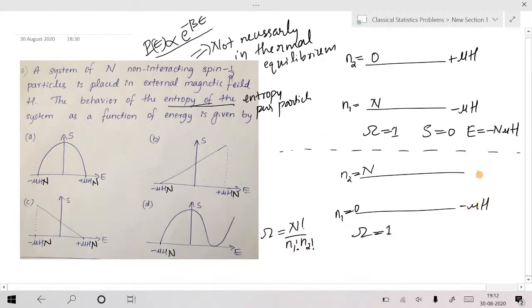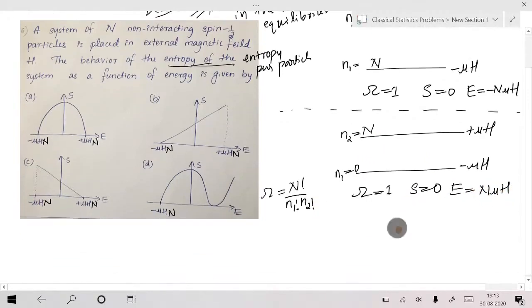Minus mu h, plus mu h. In these two situations the number of microstates is equal to 1 and entropy is equal to 0. Again entropy is equal to k_B log of the number of microstates, the Boltzmann entropy expression. The energy is equal to, since all particles are here, N mu h. You can define energy per particle as mu h, entropy per particle like that. But let me define it like this.